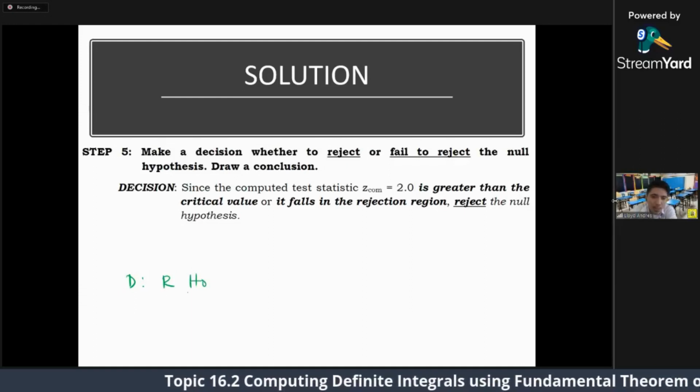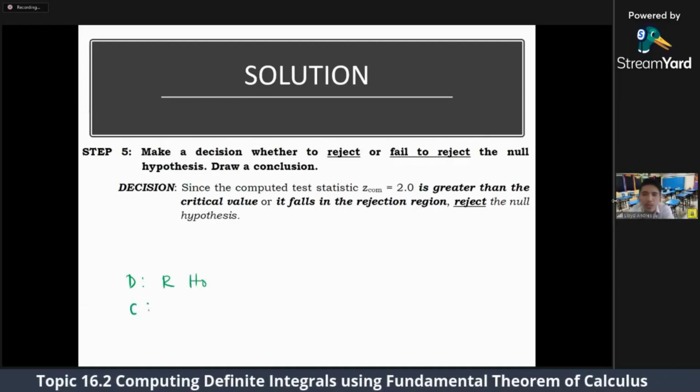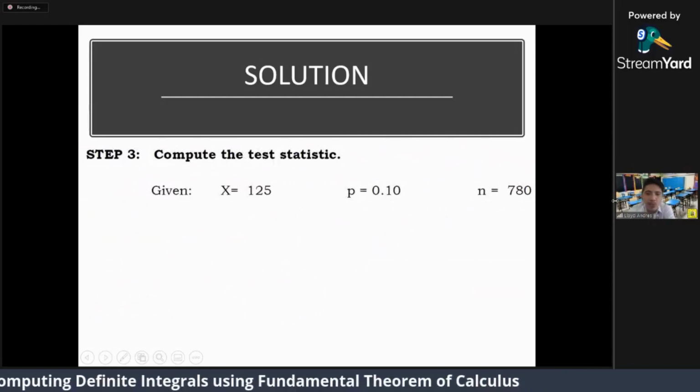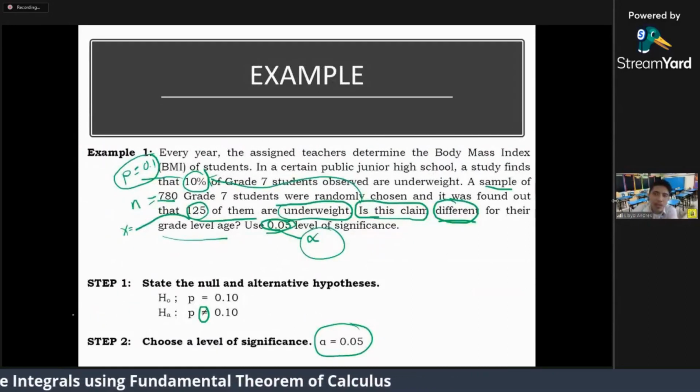Based on our decision, we reject H0. And then our claim, we need to determine where our claim is. By the way, we forgot: in stating the null and alternative hypotheses, you determine where the claim is, in the null or the alternative. The claim here is 0.10, which means the claim is the null hypothesis.